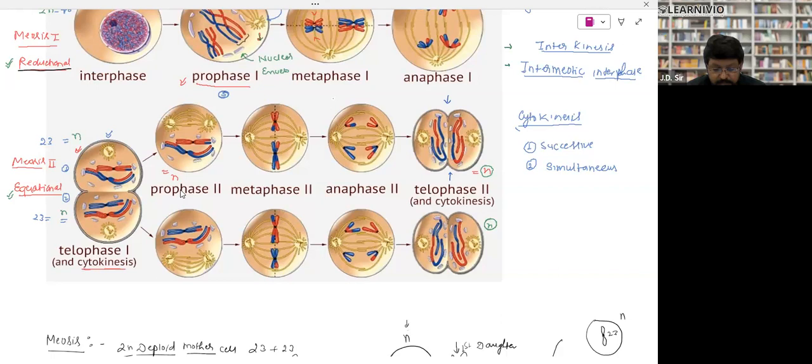Full stop. Now the sister chromatids are getting separated, right? The two chromatids of a chromosome separate completely and are called daughter chromosomes.